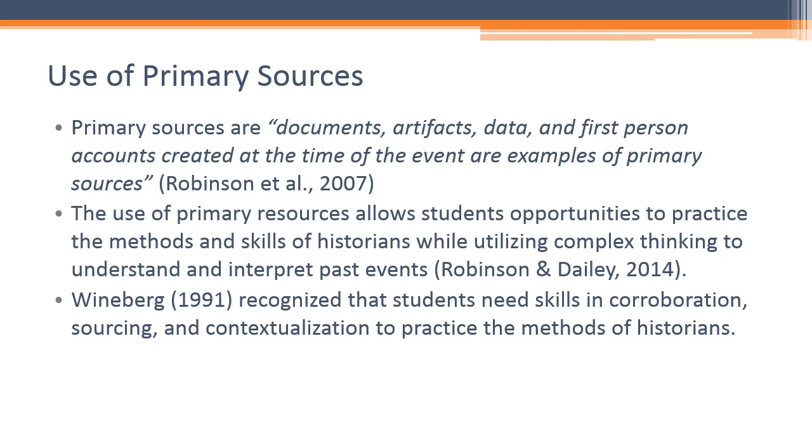So we need sourcing, corroboration, and contextualization, which are originally methods of historians to finding information. And consequently, these skills are higher order thinking skills. Higher order thinking skills for students.